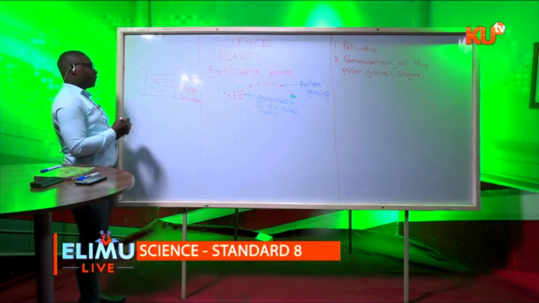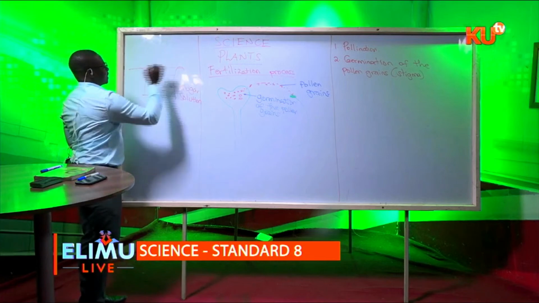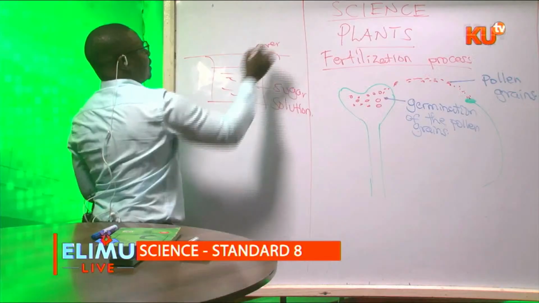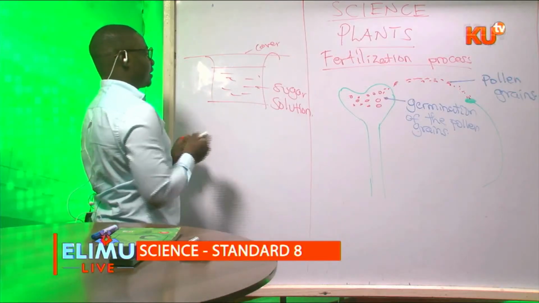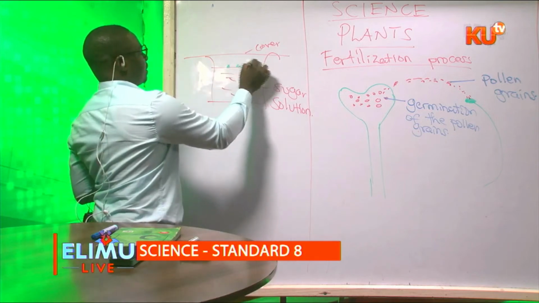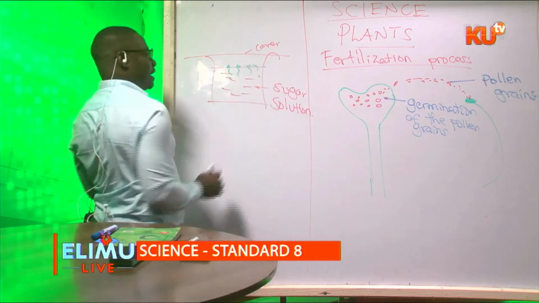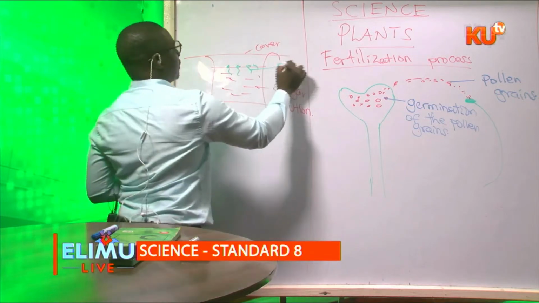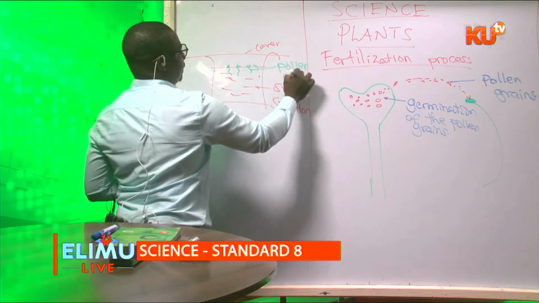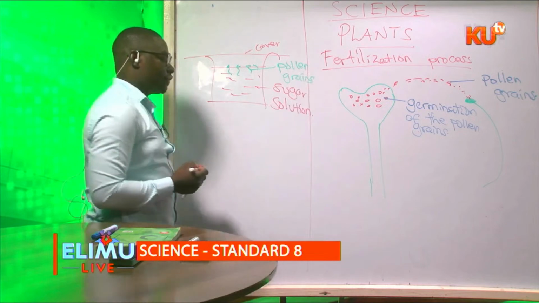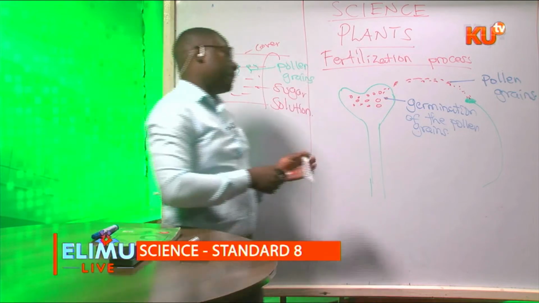The sugar will dissolve in the water. Then you cover it, and then you put some pollen grains here. They will start to germinate. That is how we can investigate that. So germination of the pollen grains, that is our step number 2.